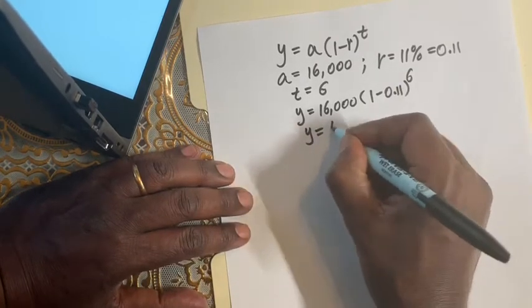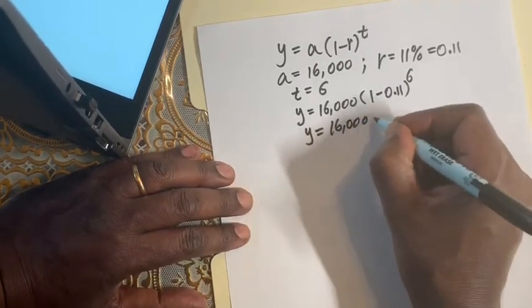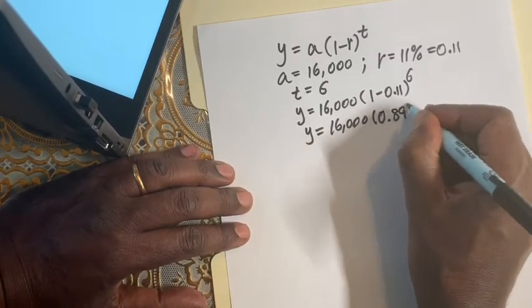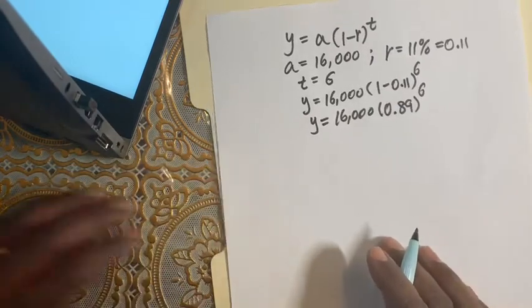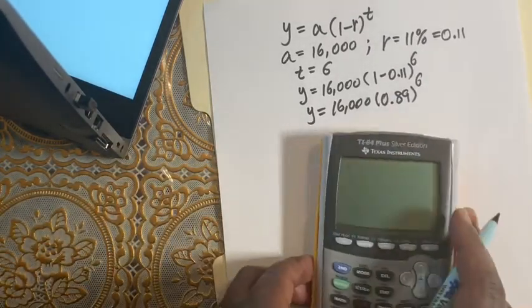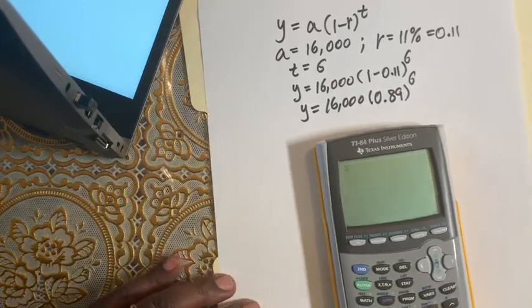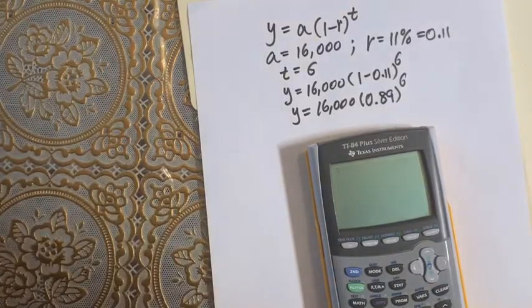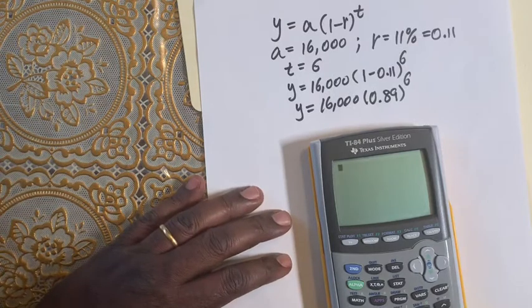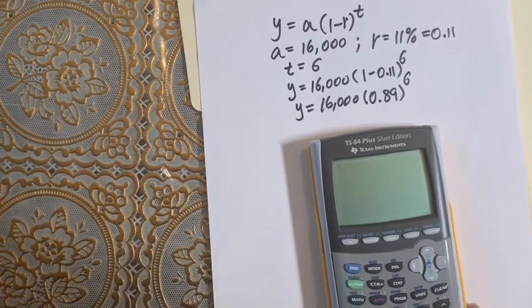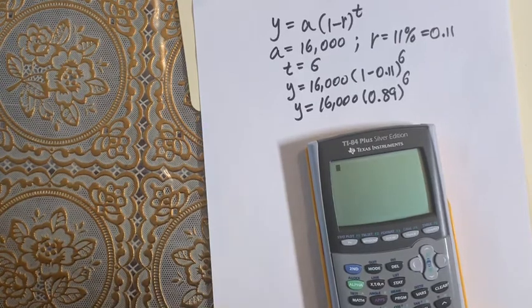So y equals 16,000 into 1 minus 0.11, which is 0.89, to the power of 6. The same way we did in our previous example. You can put this into our calculator, whether you are using a graphing or scientific calculator or the inbuilt Desmos calculator.